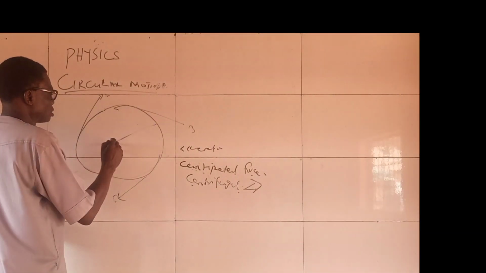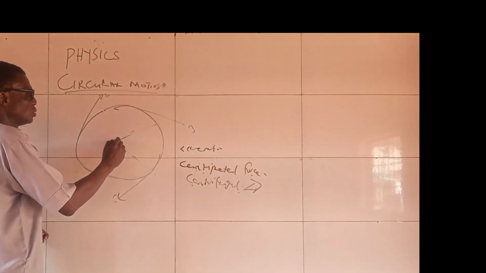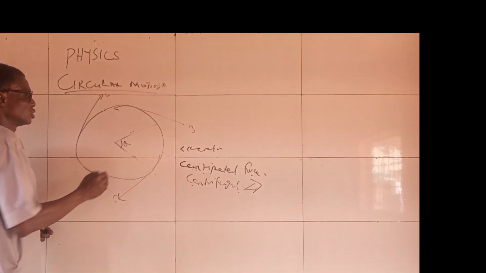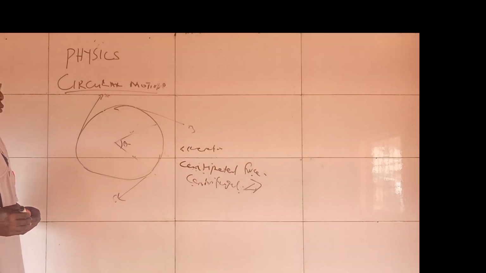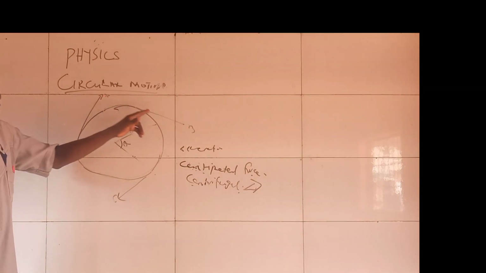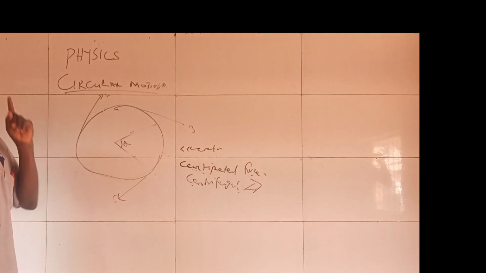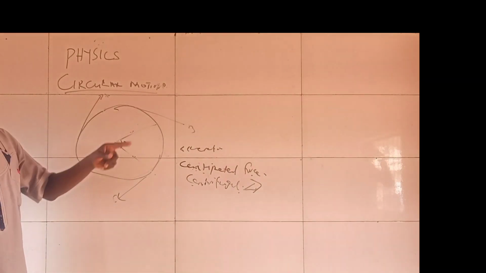Now, as I said earlier, you have the radius here. This R, this R. This angle is angle theta. Remember, I did mention that you have a constant speed, but the velocity changes because there is change in direction.